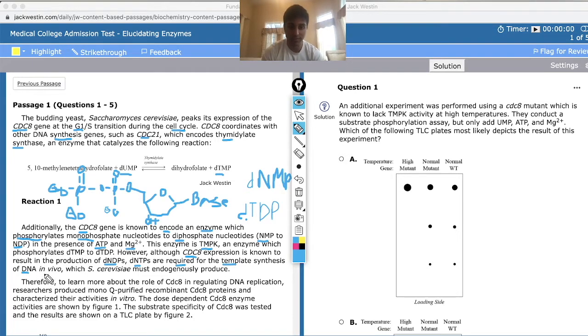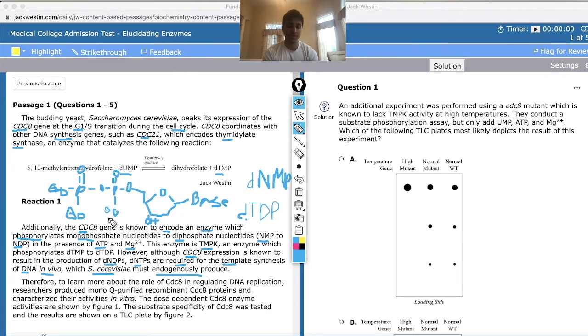In vivo means in a living organism. And so the yeast must endogenously produce these deoxynucleotide triphosphates, these dNTPs. Whereas the CDCA gene codes for TMPK, which is known to make the diphosphates, but we don't know if it can make triphosphates.